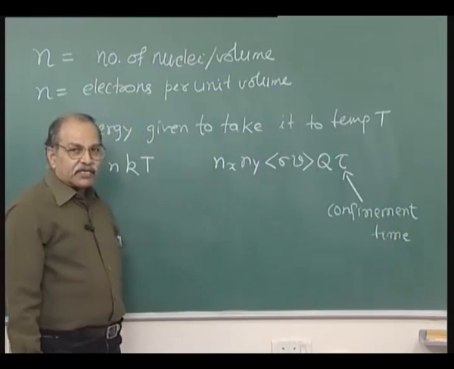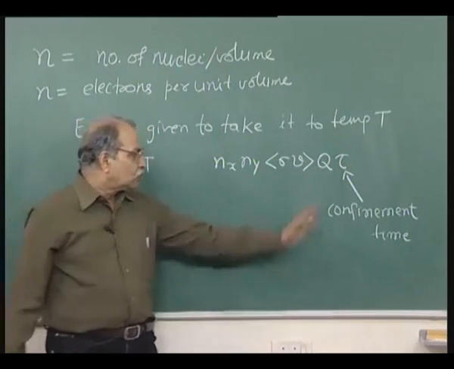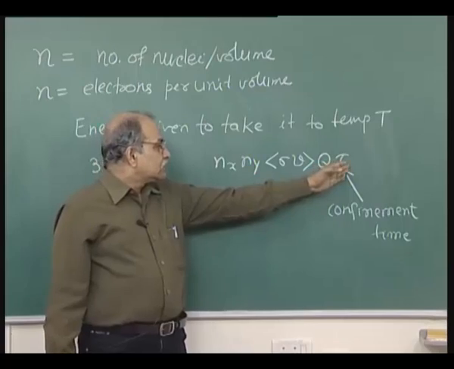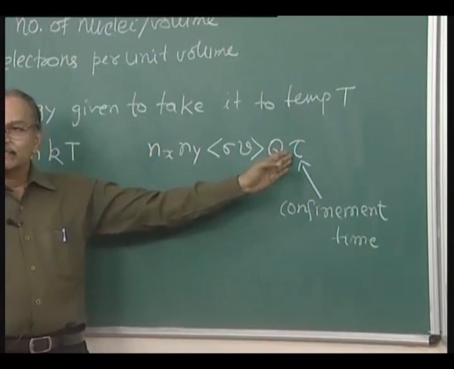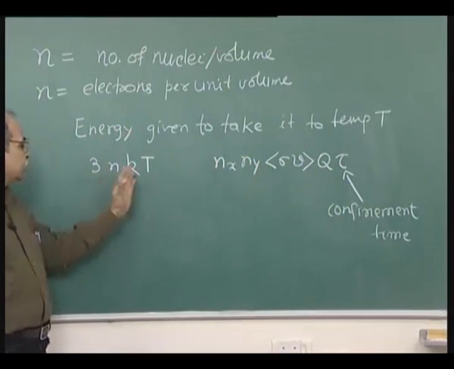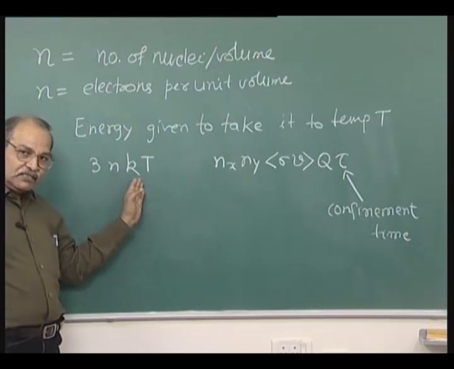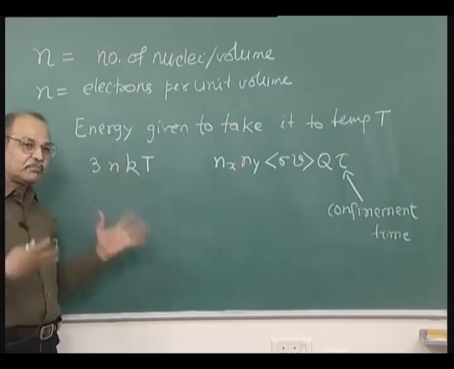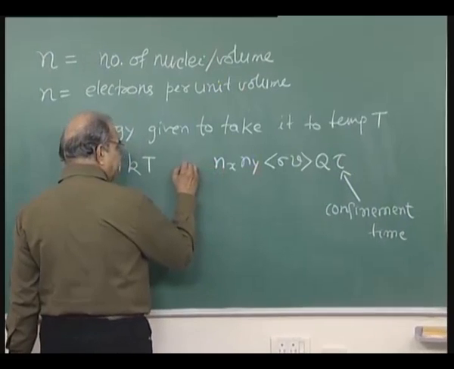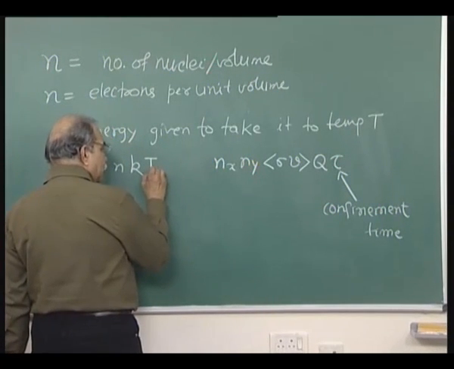So, this fusion reaction in one pulse goes for this time tau. This is the total energy that has been produced per unit volume, and here is the total energy that we have initially given to heat up, and this should be at least equal to, this should be larger.